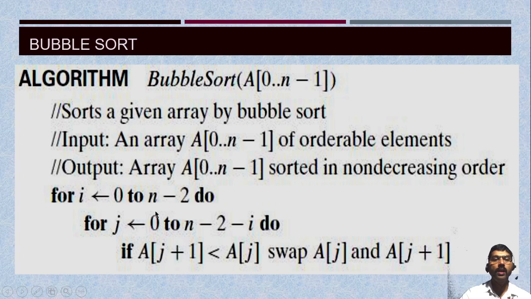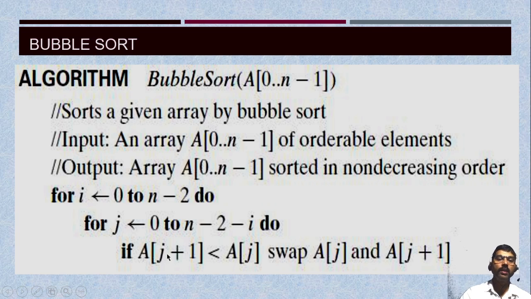And j starts from the first element up to n-2 minus i. That means we go only over the part of the array which is not yet sorted. We have to start from 0 to the last element which is not sorted. In the first pass, we compare the second element with the first element. If the second element is smaller, we just swap it.